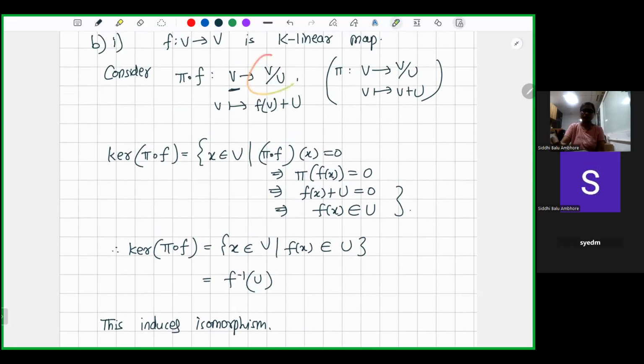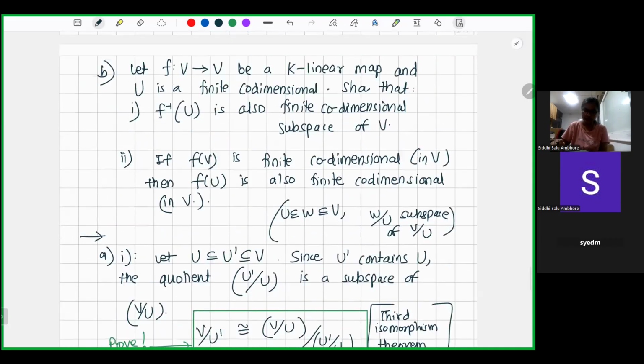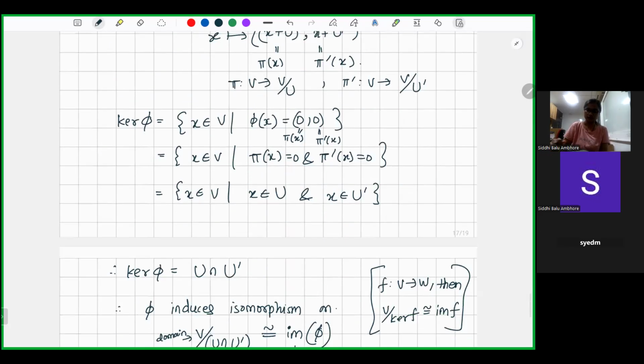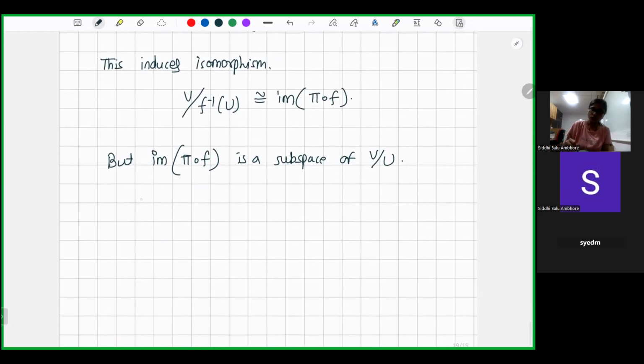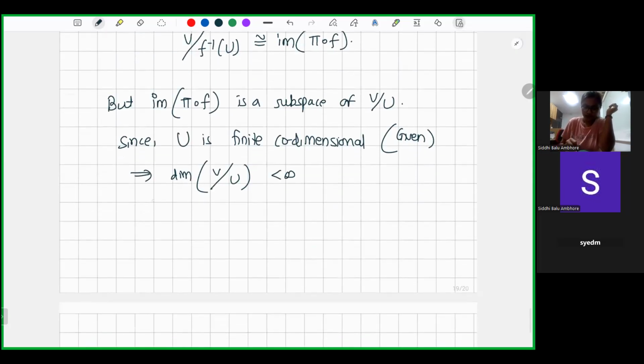It is landing in this space, V quotient U. And since U is finite codimensional, that is given, this implies that the dimension of V quotient U is finite, and so the dimension of the image of pi composed F is less than or equal to the dimension of V quotient U, which is less than infinity.